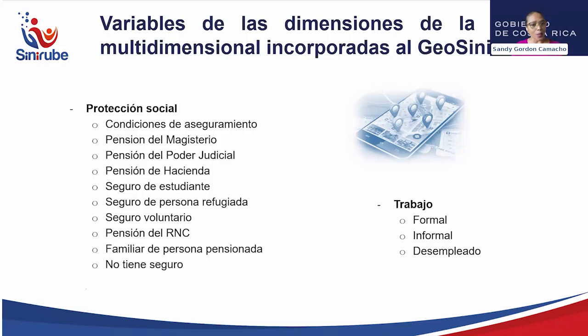Because as I said before, if 90% of the population is inside this platform, we can see whether they have insurance, whether they have a family member that is providing financial resources to the household, if they have any other pension system, or if they have a student's insurance, or the refugee insurance, because we have to consider the importance given our geographical location in terms of migrations.